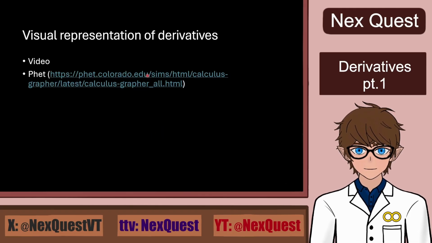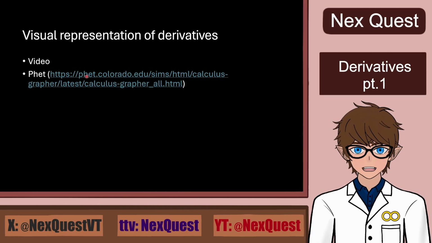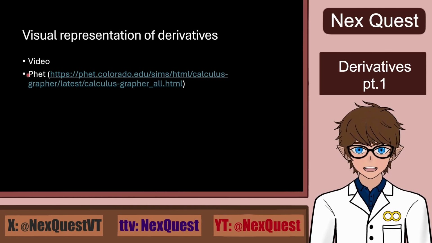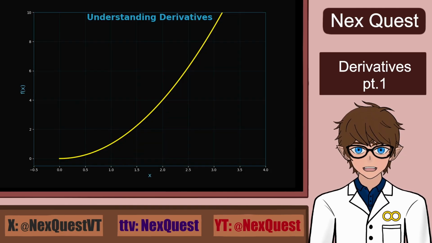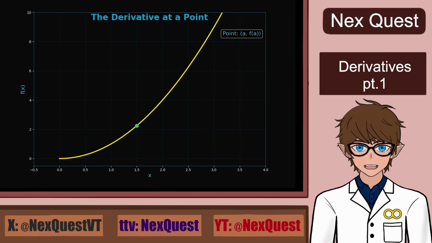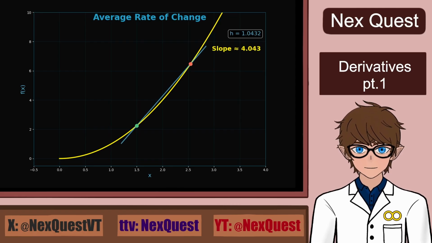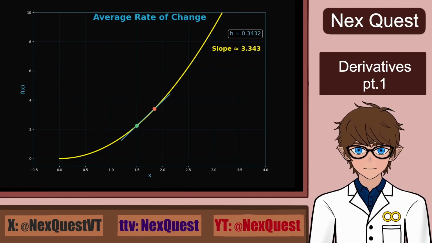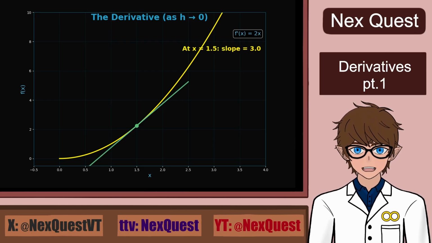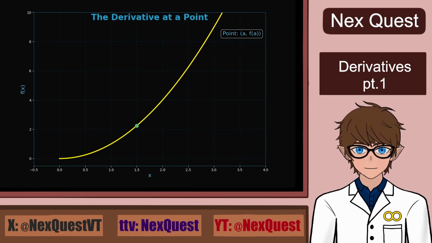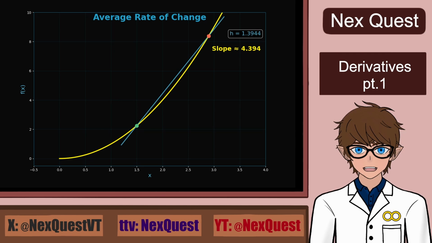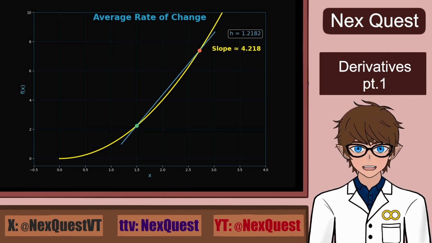So this is a visual representation of the derivatives. I will skip forward to me using the PhET simulation linked here, and an overlay of the video, which is playing right now on the screen. As you can see, there's a single point that we have selected, and then we select another point far away, and we connect them with a straight line.